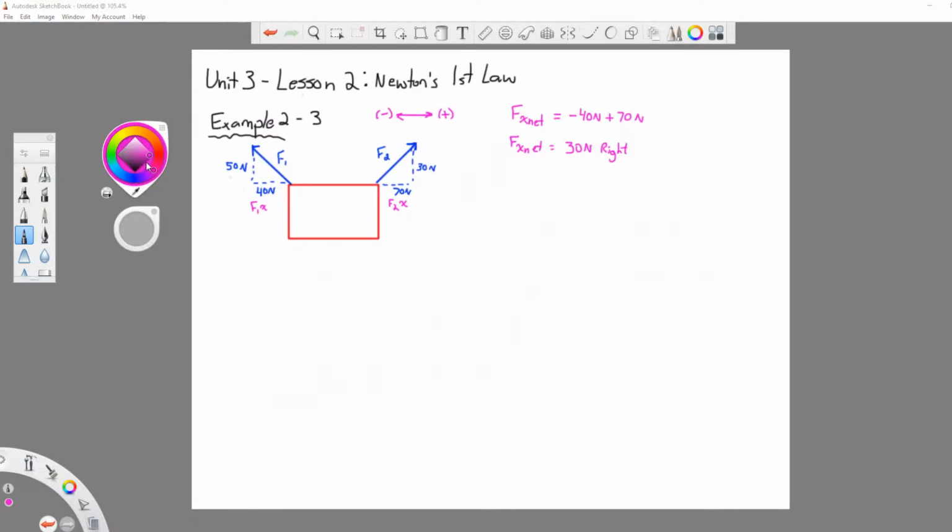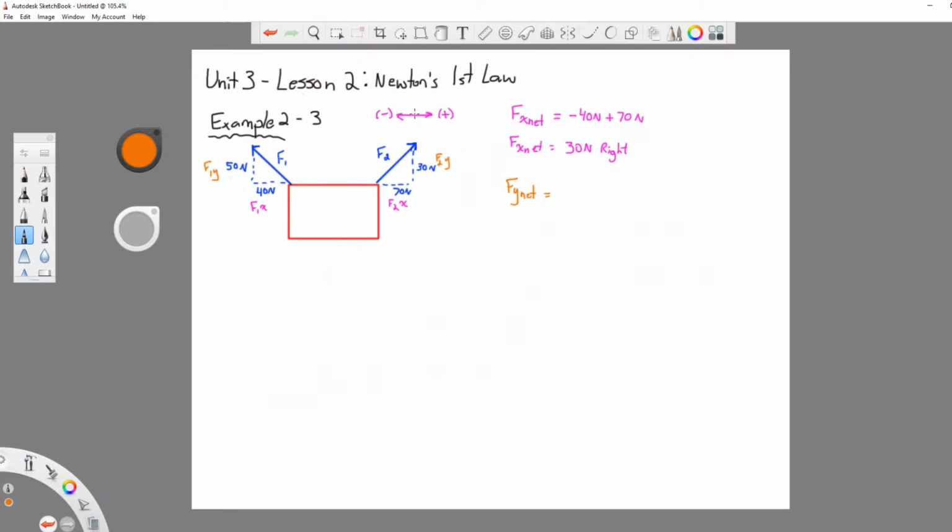Alright. Let's maybe use orange for our y. So we're going to be finding Fy net. And again, this is just topic 1 coming back to haunt us here. Fy net is equal to the sum of the y forces. This is F1y, this is F2y. They're both up.